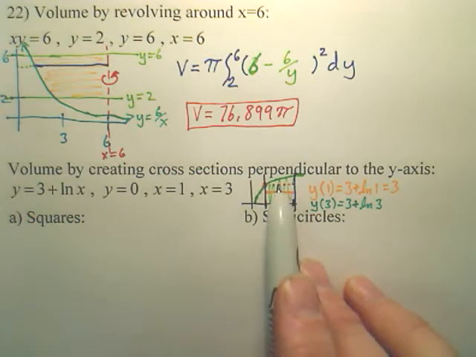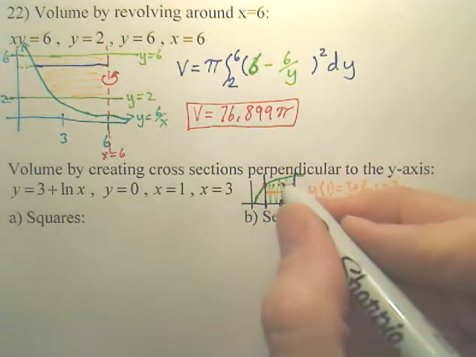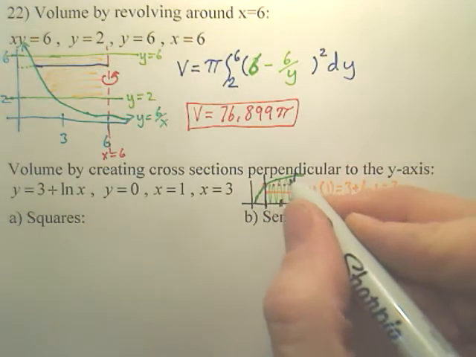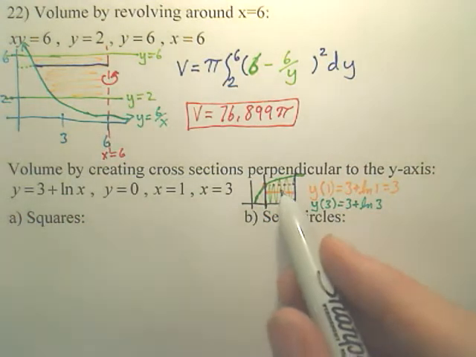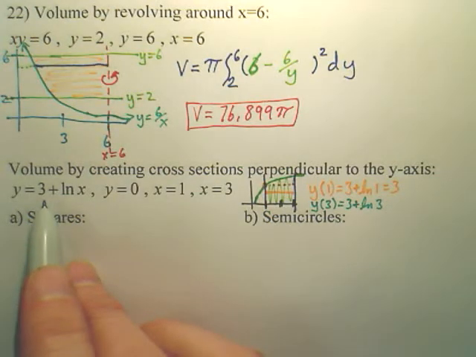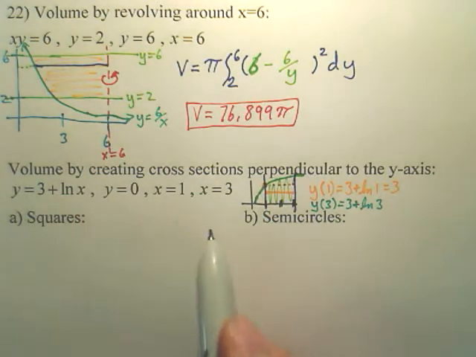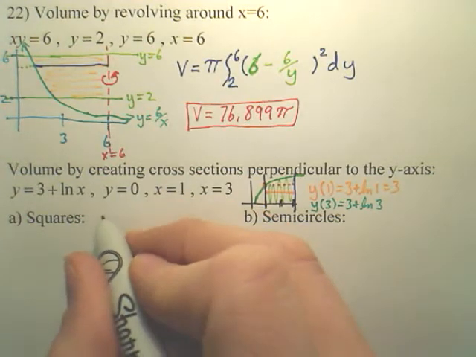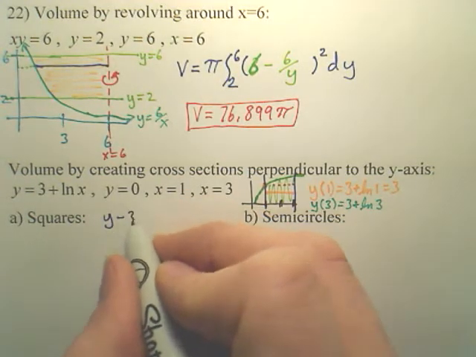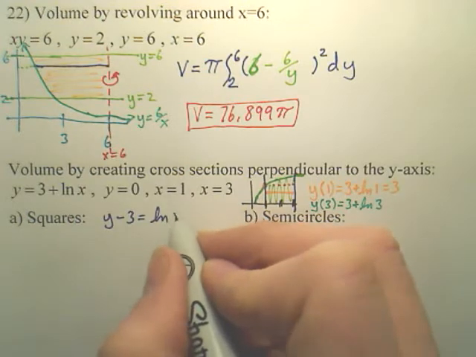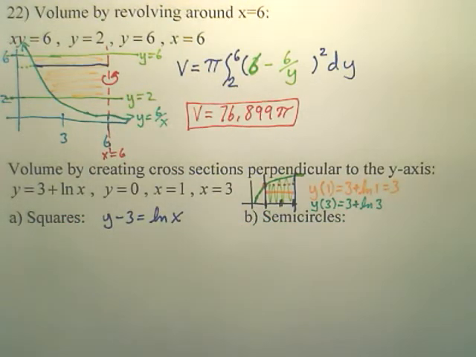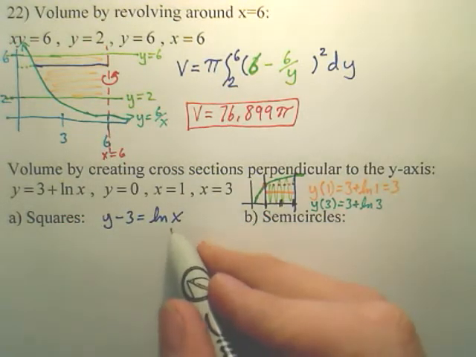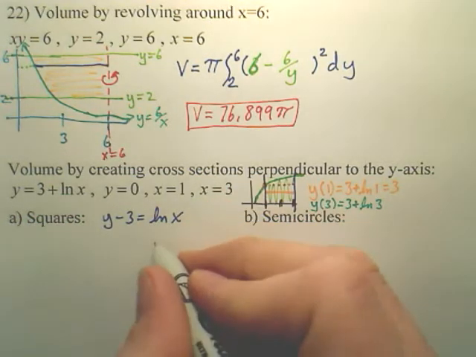And the function now, the length of the new red-orange line would be a little function right there. And don't we have to change this equation to be x equals to find that? So if we take this function, make it x equals. So that would be y minus 3 equals ln x. And how do you get x out? Well, isn't ln base e?